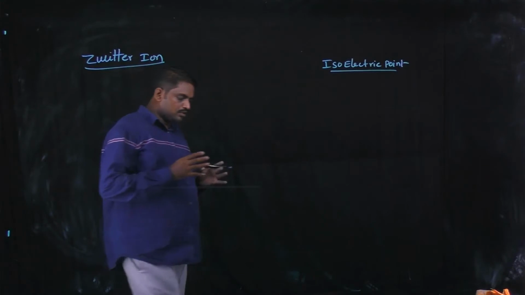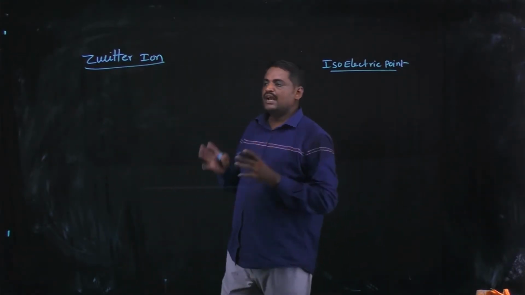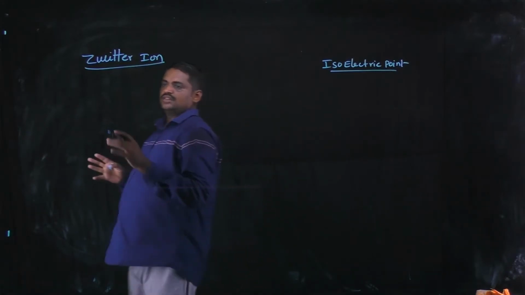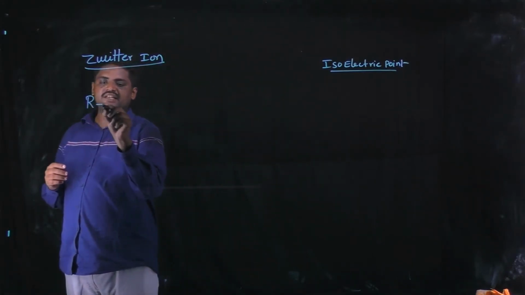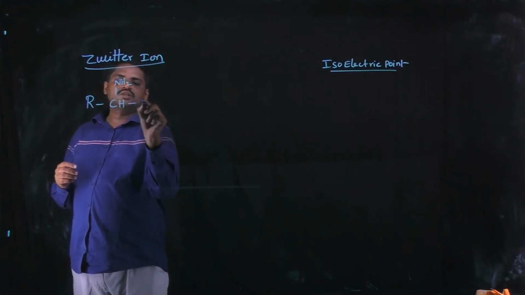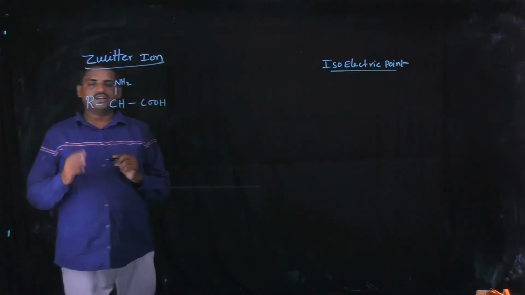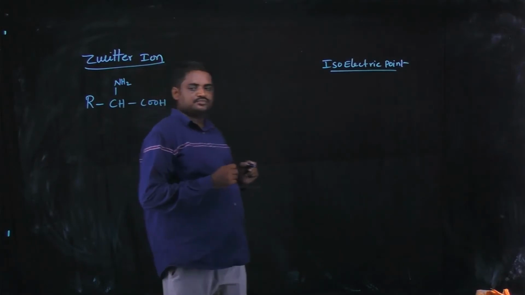For example, the general formula of an amino acid is R CH NH2 COOH. This is the general formula for amino acid.